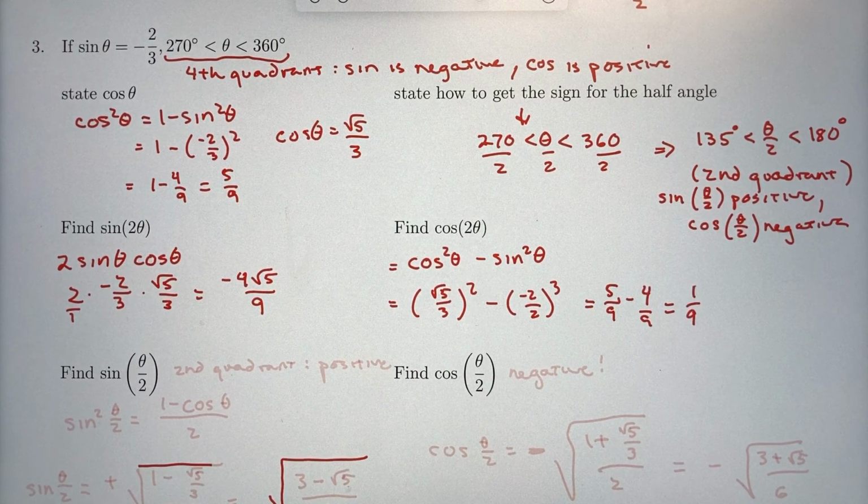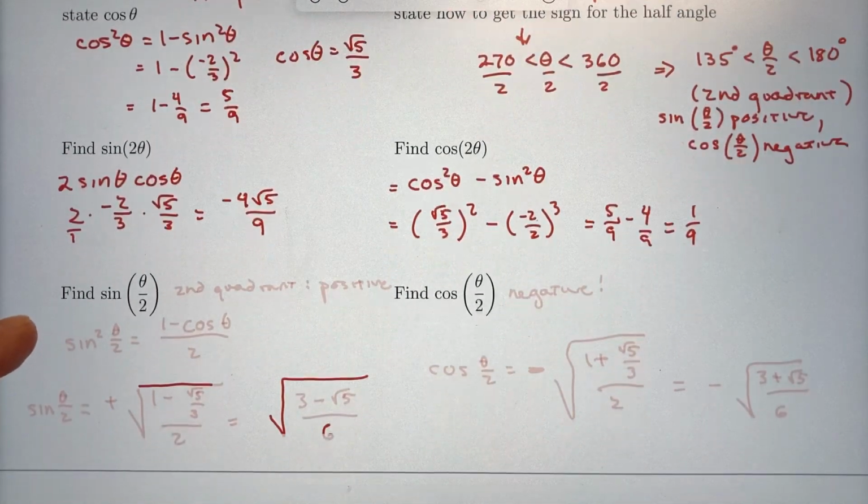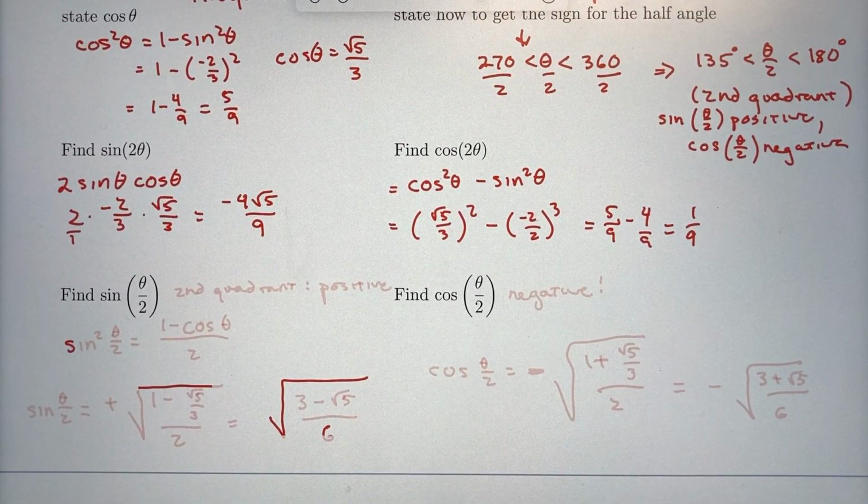Pardon me. Okay, sine of theta over 2. So this is second quadrant.